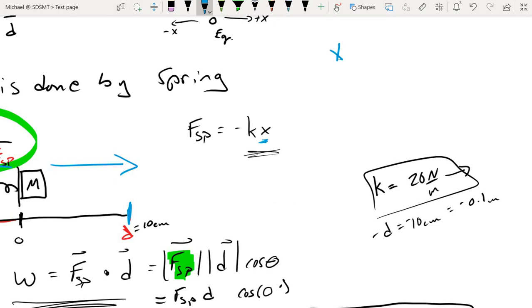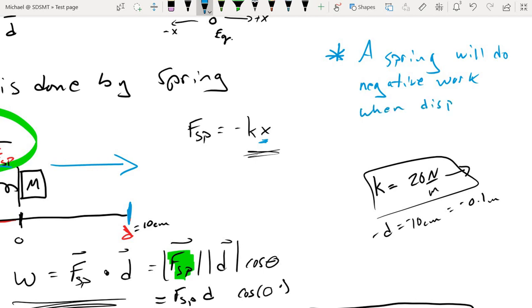So this is worth mentioning over here. Let me start over here. We'll say a spring will do negative work when displaced from the equilibrium position.